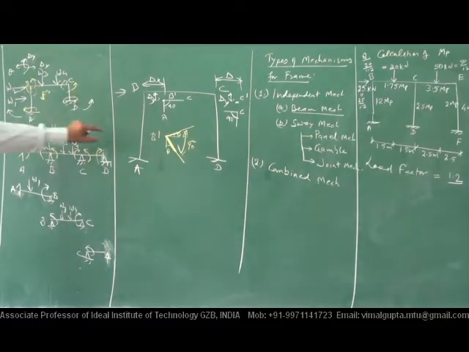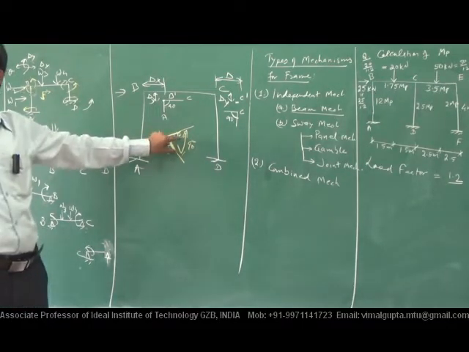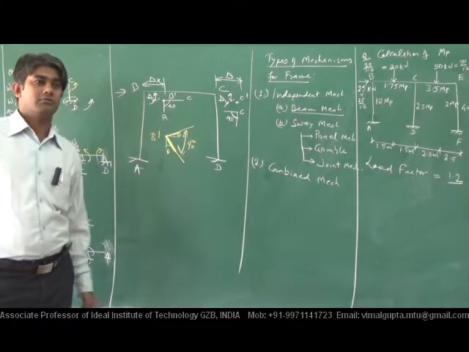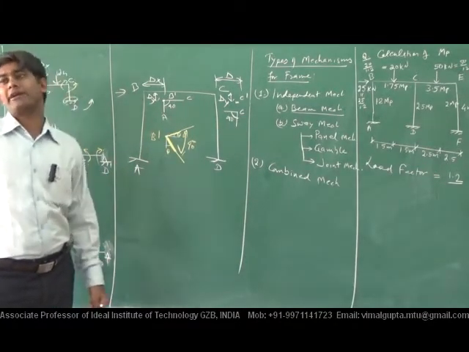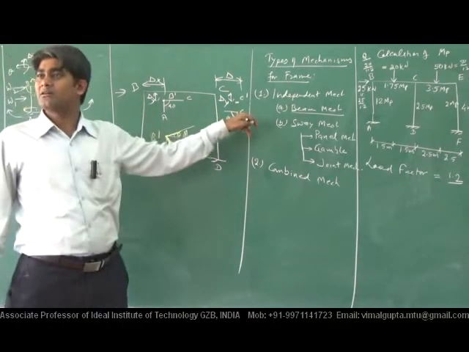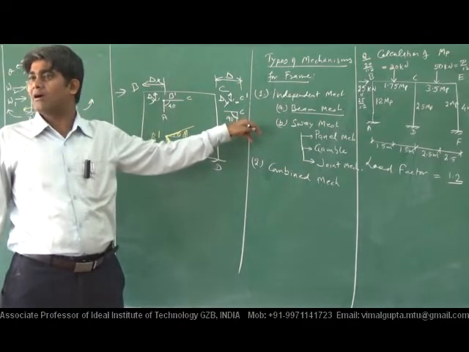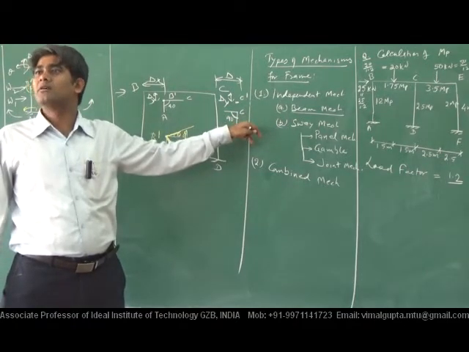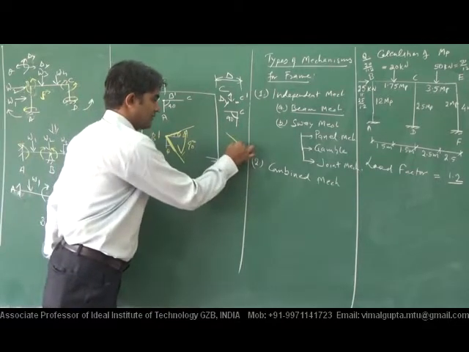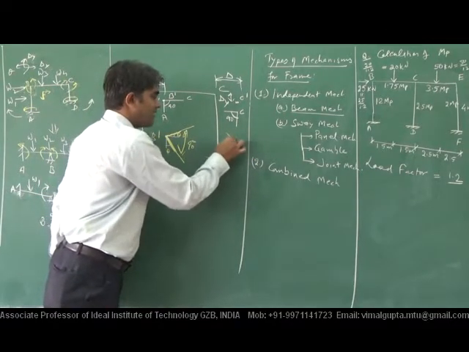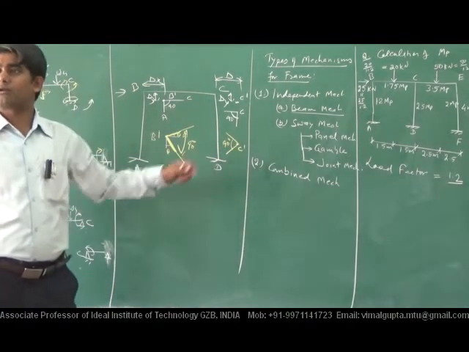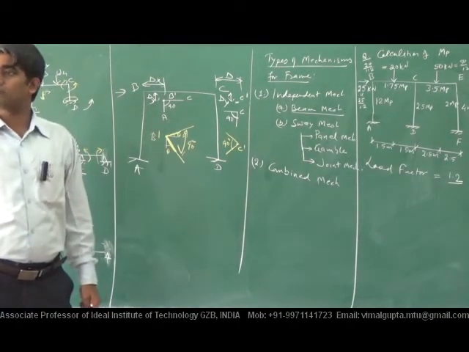When that angle is disturbed, then it is supposed to collapse, then and only then. The same thing is applicable at point C. C can also have that, but that angle must be 90 degrees.